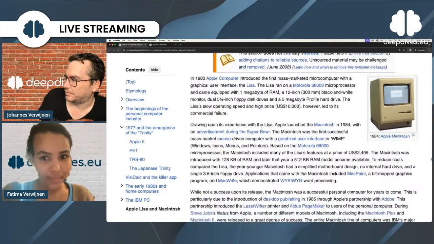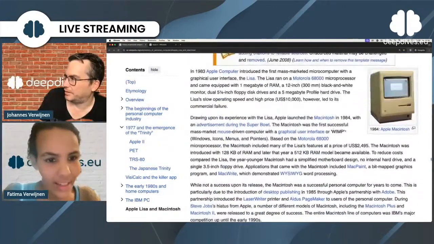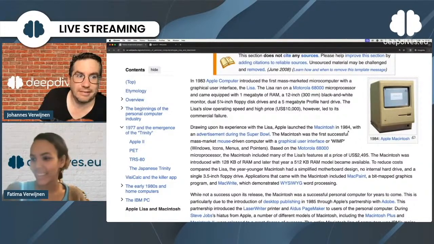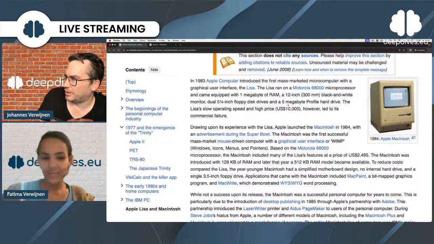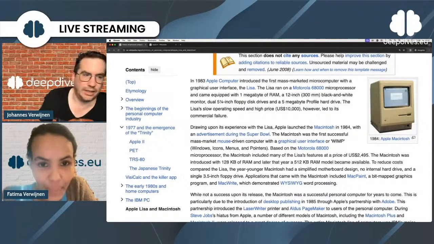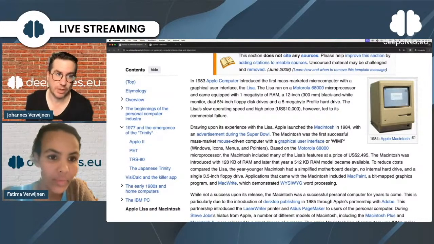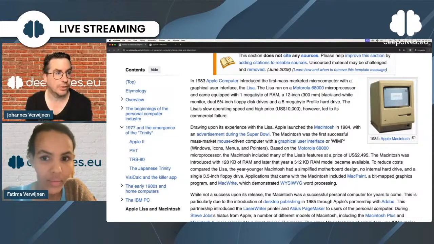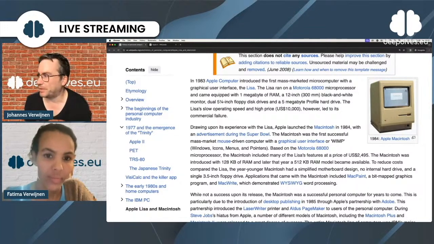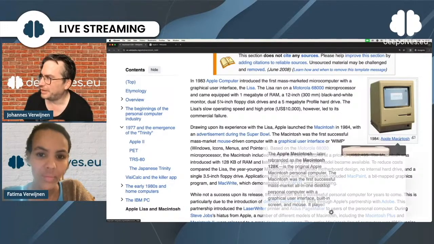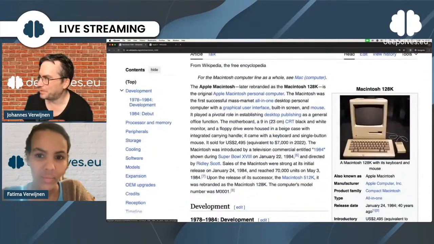Right. A lot of interesting facts coming from our Apple founder, Steve Jobs. Yeah. So Lisa itself was actually a commercial disaster. They lost so much money with it. The whole company almost went bust because of that. But then they kind of created the Macintosh, which is this one.